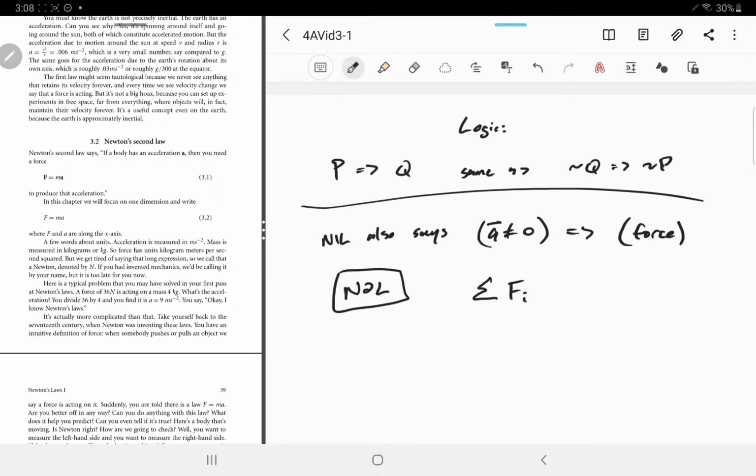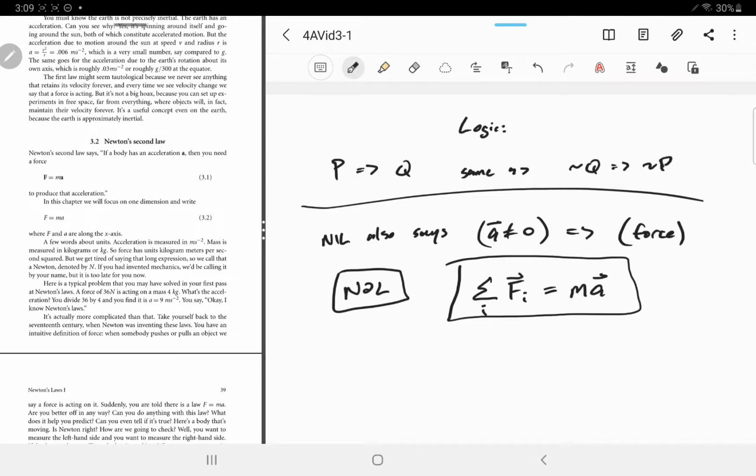We have to sum them up, over all forces i. We like to be kind of lazy in physics, so we might not write anything here and just say we're summing over i. That means all of the forces acting on an object, summed up. This is called the net force. When you add up all of these vectors, you get something relating to the acceleration. Newton's second law says the sum of all the forces on an object is mass times acceleration.